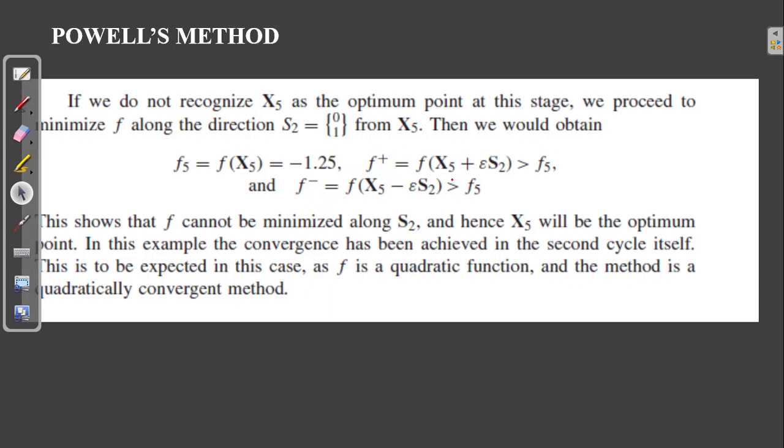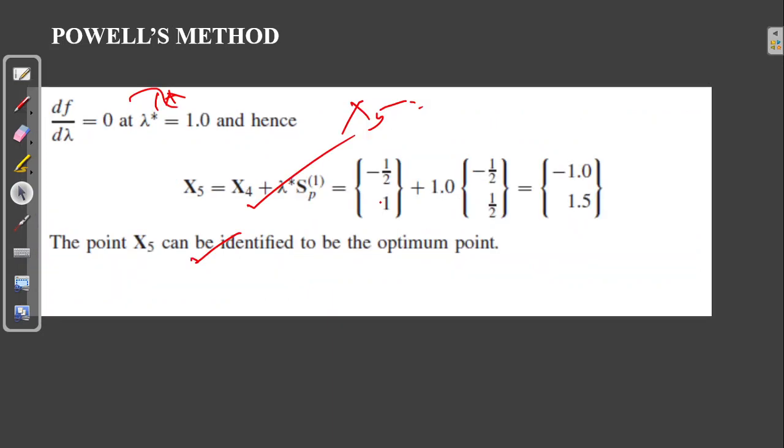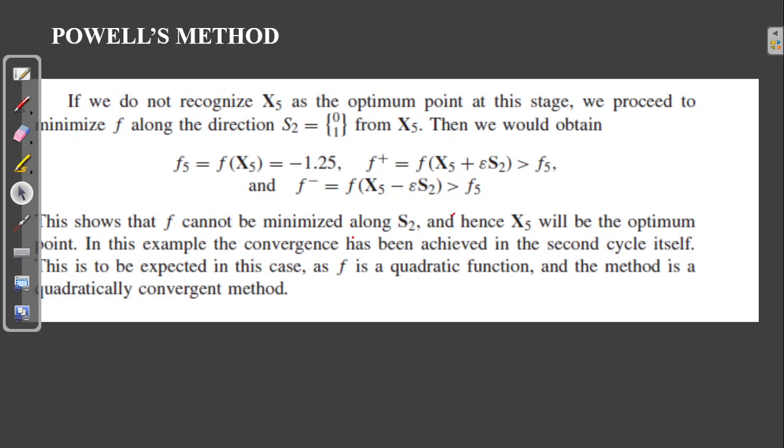That means f plus is greater than f5 and also f minus is greater than f5. In either direction the objective function is increasing instead of decreasing. So we stop our search at x5, and we declare this point x5 as the optimum point.